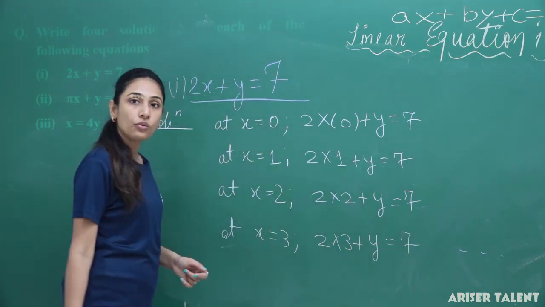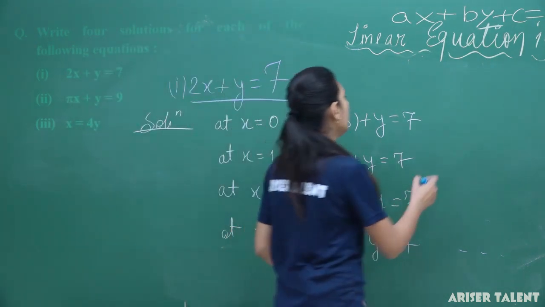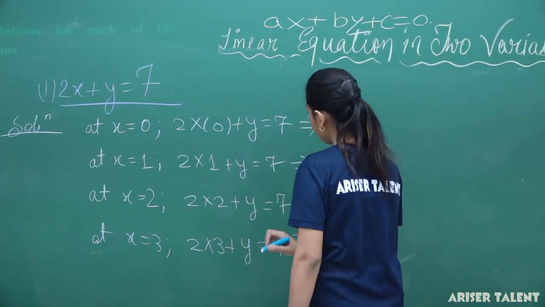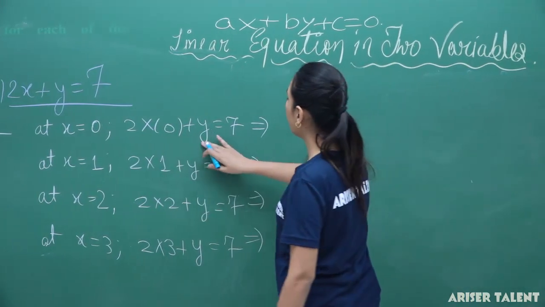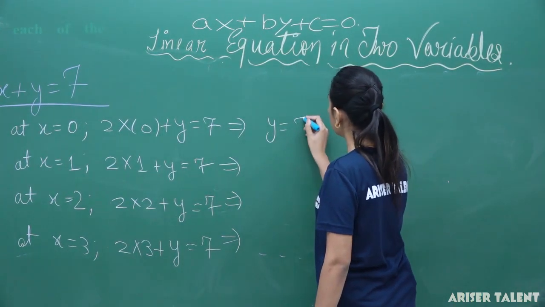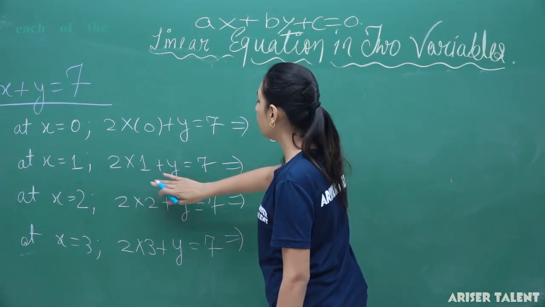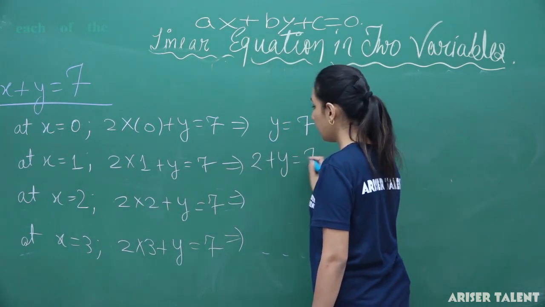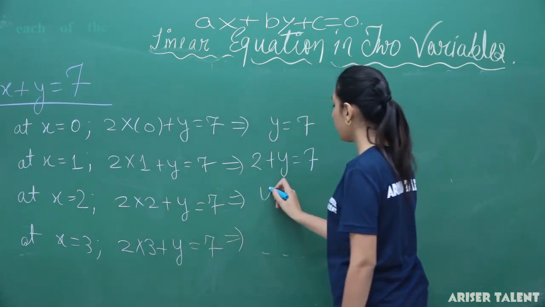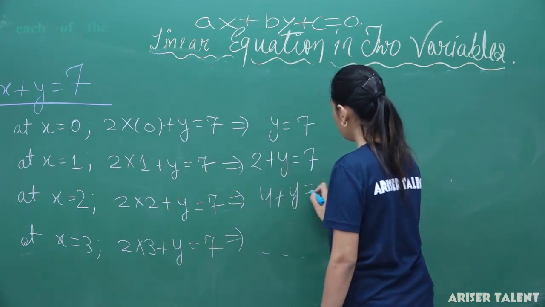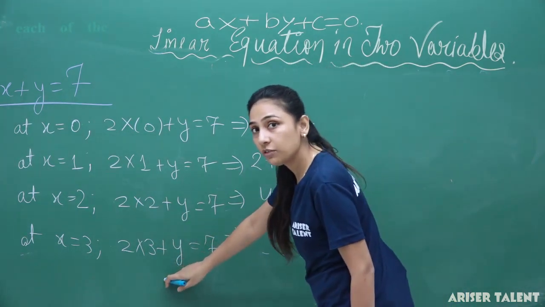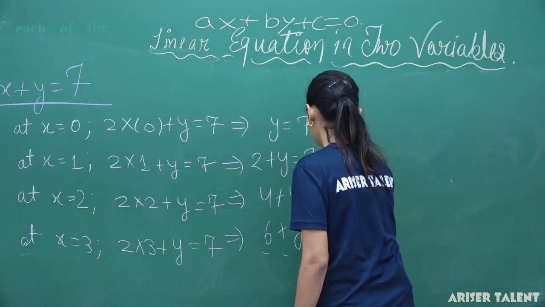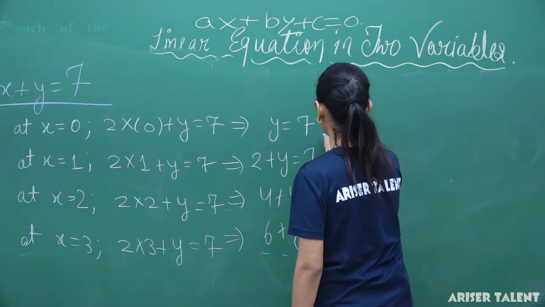So, these are the 4 cases. Going to the next step, that is 0, so y equals 7. Here that will be 2 plus y equals 7. Here that will be 4 plus y equals 7. Here it will be 6 plus y equals 7.